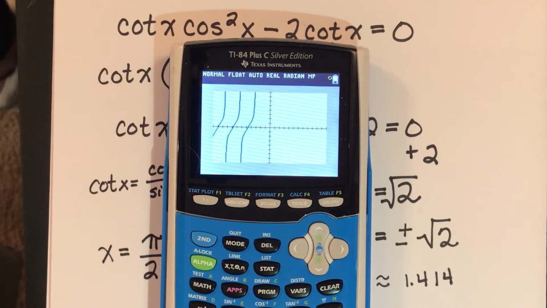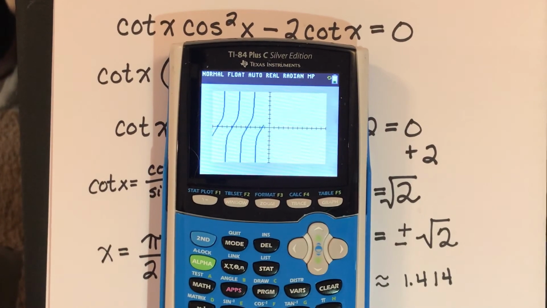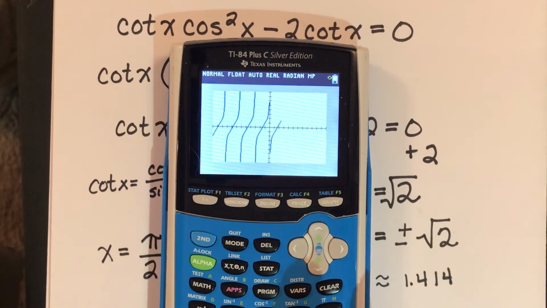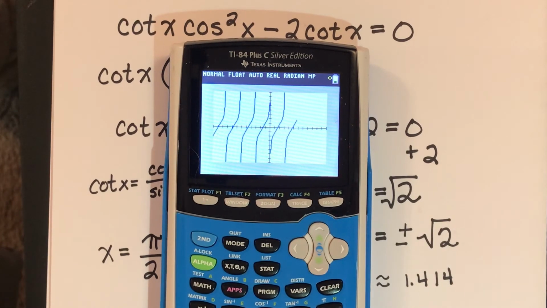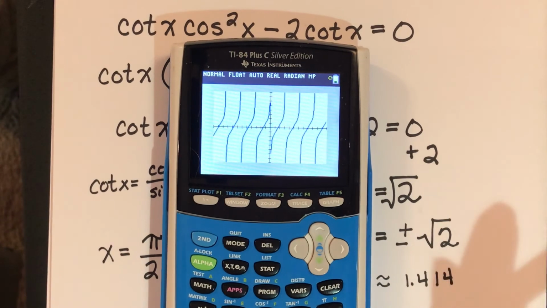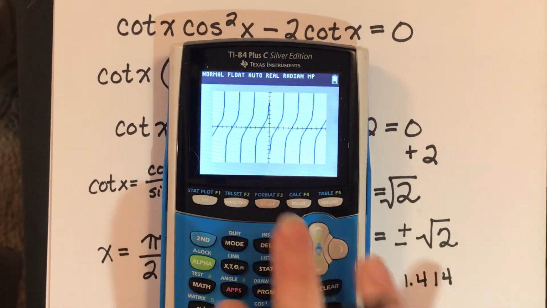Sorry, it's going to take a minute. What you're going to see is, obviously, trying to find pi over 2 on here is a little tricky, but if you were to divide pi by 2 on your calculator, I think it's like 1.57 is about where that is.